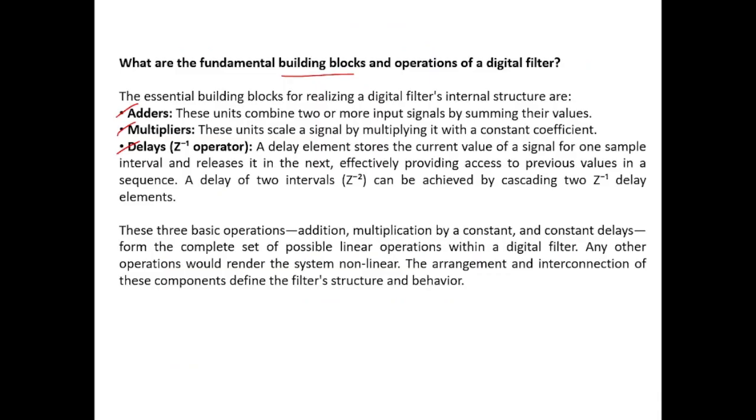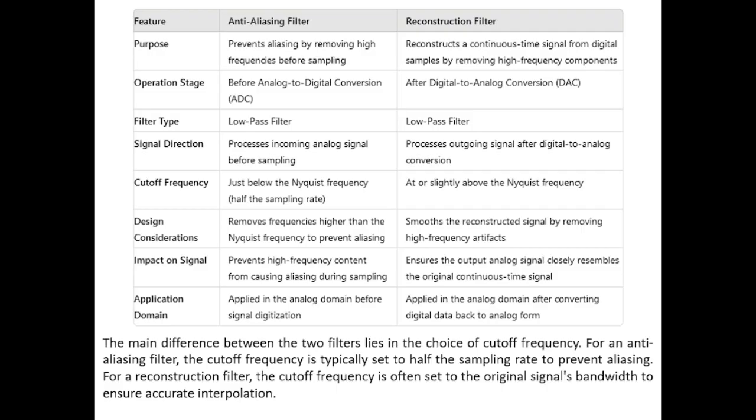So let's move forward. When we talk about digital filter processing, there are two important things. The first one is the anti-aliasing filter, and the other is the reconstruction filter.